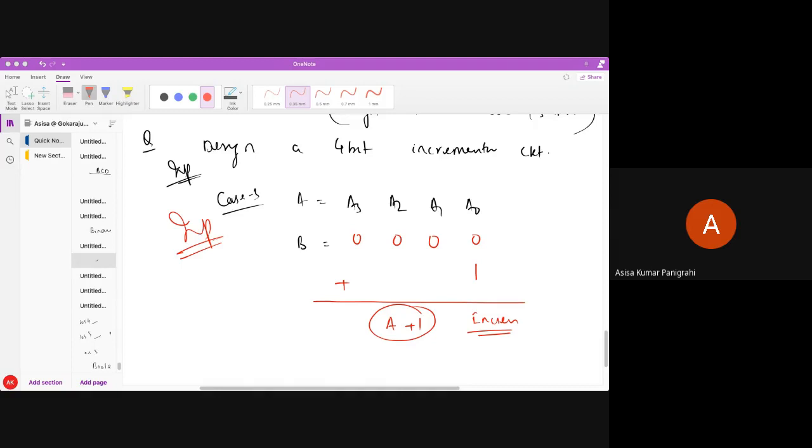Any doubt, students? Aishwarya, did you understand how I have designed the adder subtractor circuit? Yes, sir. Understood, sir. Incremental, do you all understand, students? Rakesh, are you there? Hello, Rakesh, are you there? Okay.